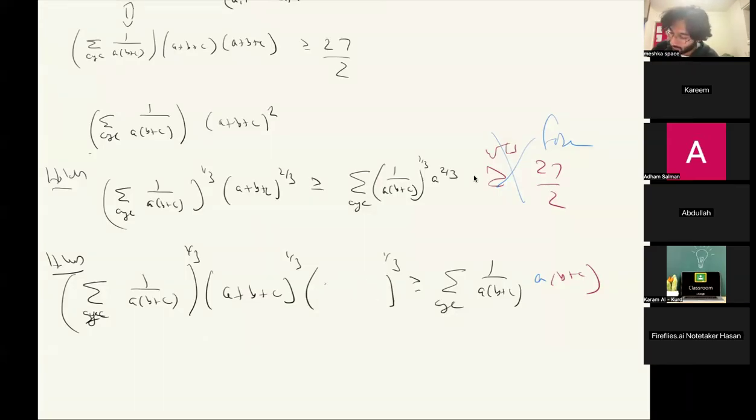You can say this one is the cyclic sum of B plus C, which is just twice A plus B plus C. But now the point is, it cancels perfectly. Does it make sense? You just get 1 here.